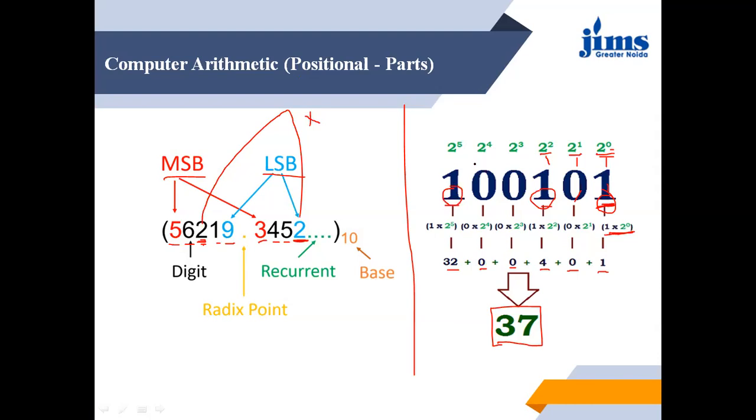In the same manner the values of these three zeros are different, as these are the same digits, but because of different position the value of this zero is 2 raised to the power 1, the value of this is 2 raised to the power 3 and the value of this is 2 raised to the power 4.